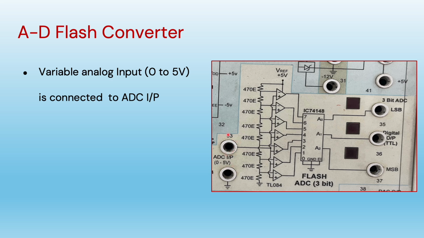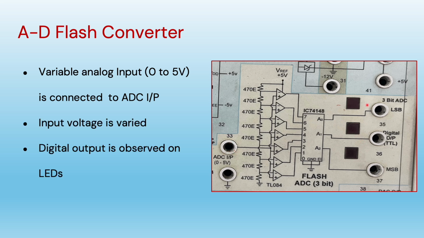We are going to connect analog input here, the input voltage is varied and digital output is observed on these LEDs. In flash converter we have comparator circuits and comparator outputs are converted to digital output using this IC. The flash converter has the highest speed among all the analog to digital conversion circuits available.